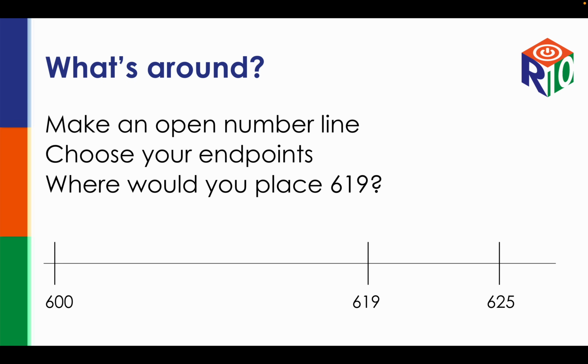My endpoints that I chose are 600 and 625. And so I can tell that 619 is around 625. It's much closer to 625 than it is to 600. How do my endpoints compare to your endpoints?